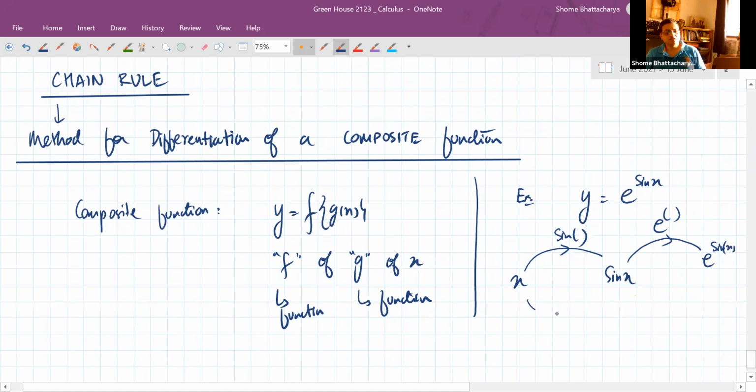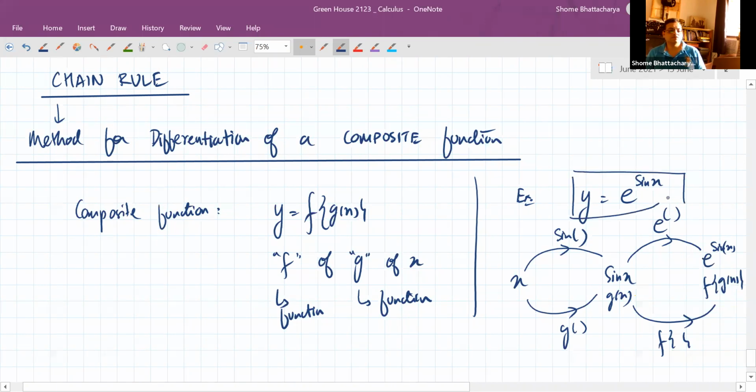So this is our operator g. On applying that on x, we get g of x, which is this. And then we've operated f, but we've operated f on g and not directly on x. So this is an example where e raised power sine x is f of g of x, where the representation of f and g is in the diagram below.